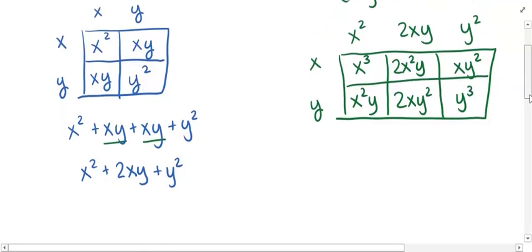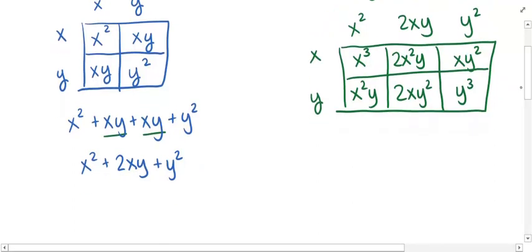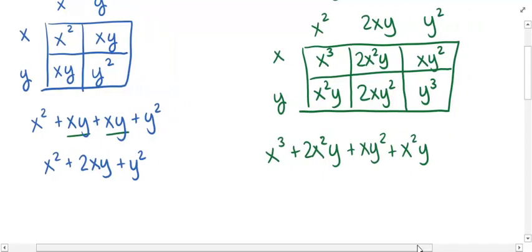So this is going to produce, if we were to distribute this quantity out, 6 terms in total. So I'm just going to write them down, and then I'll look to combine like terms. So x cubed plus 2x squared y plus xy squared plus x squared y plus 2xy squared plus y cubed.